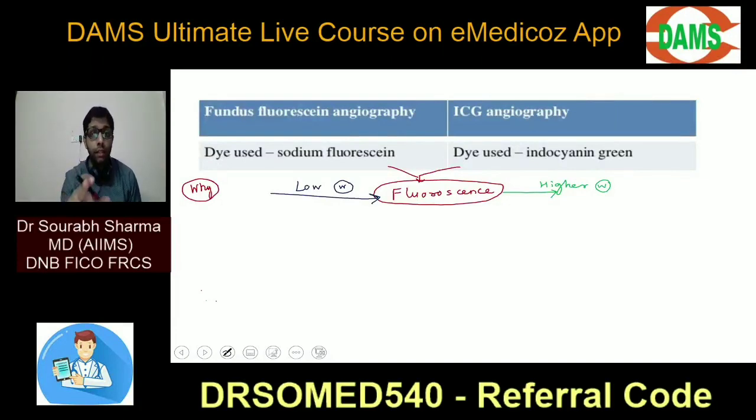Now they can ask from here: which light is coming inside in fluorescein angiography, and which light is going out in ICG? You remember VIBGYOR? It goes with increasing wavelength. So in fluorescein angiography, blue has a low wavelength.